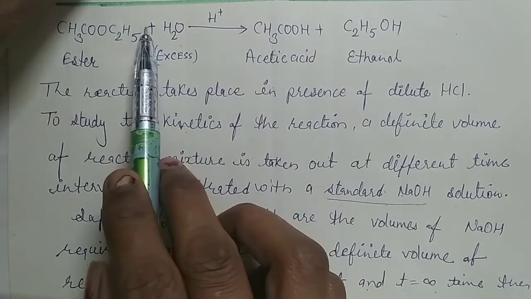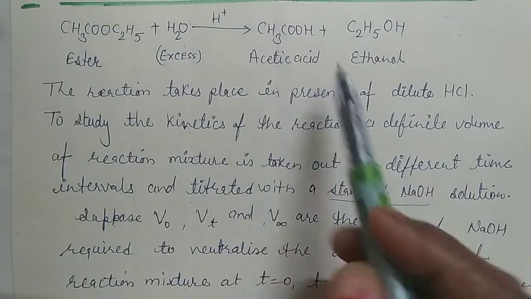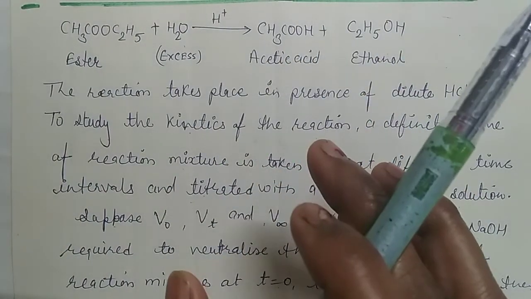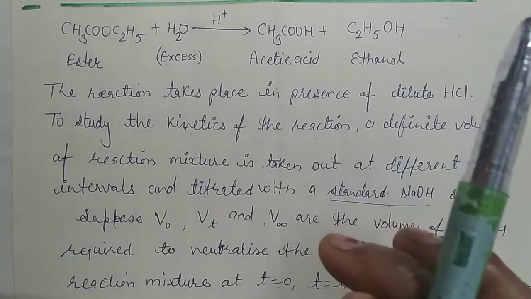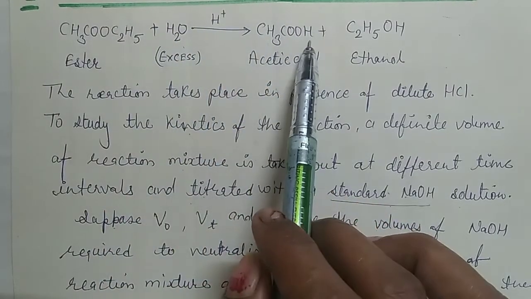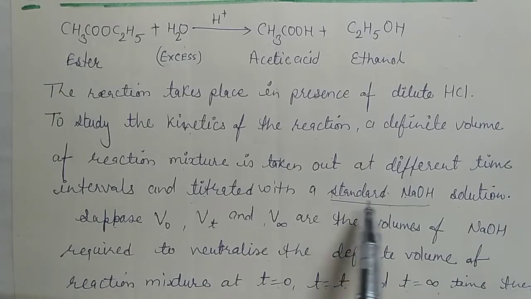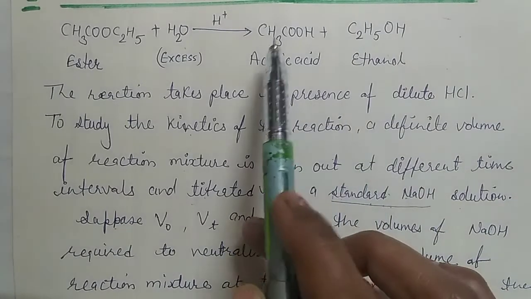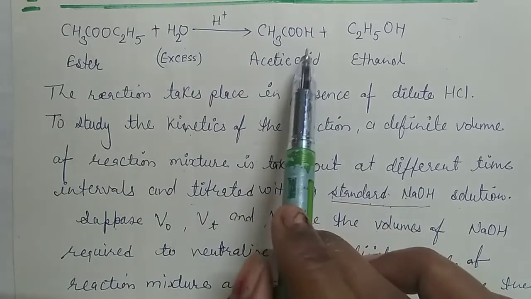Initially it will be defined by the V infinity, and V infinity means after a long time, we assume that the reaction is stopped. Then the reaction mixture is taken out and titrated with the standard NaOH, and the volume of standard NaOH shows the total volume of acetic acid and HCl present in the solution.